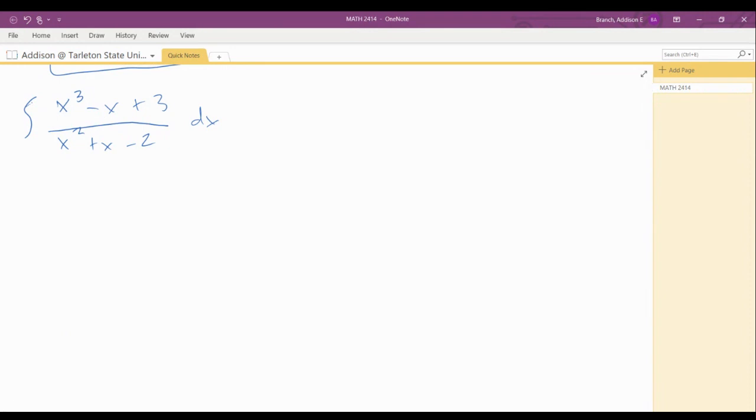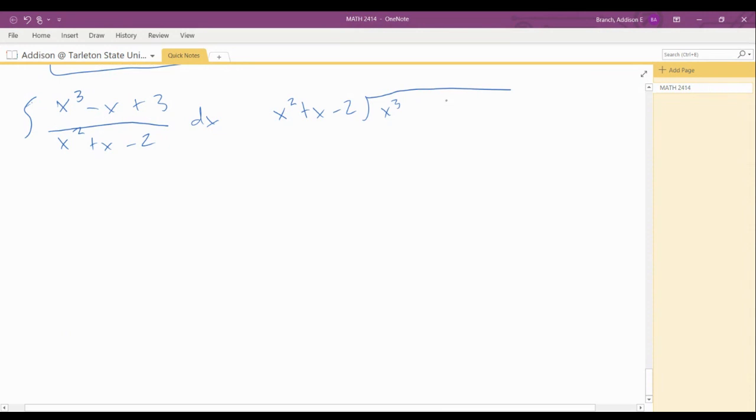So when this happens, the first thing we need to do is go ahead and do long division to simplify this down. So we're going to put x squared plus x minus 2 into x cubed.